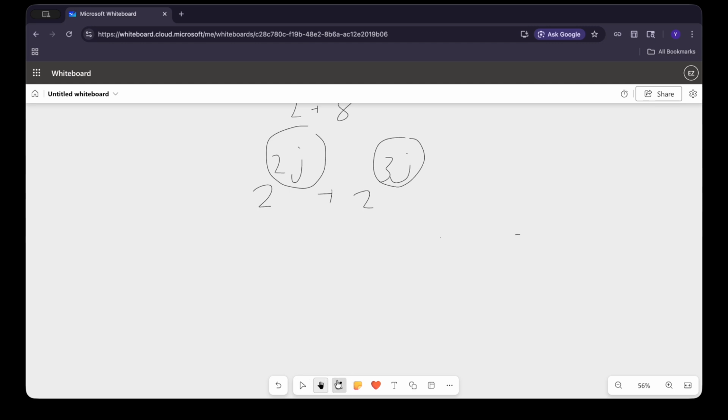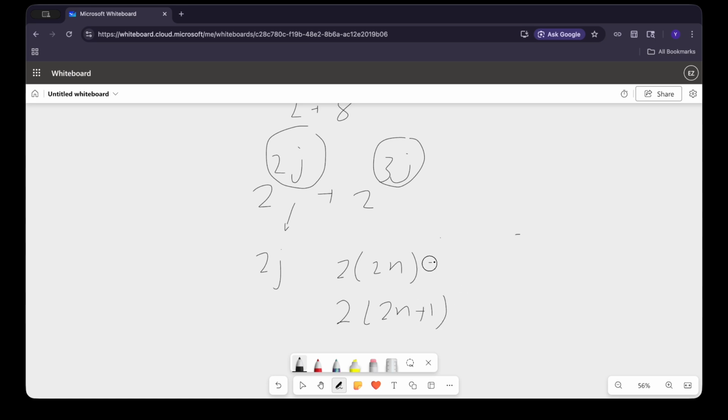So we write the first one, 2j, the exponent part. We observe, trying to find a pattern. So we consider two cases: 2 times 2n for the even, and 2 times (2n plus 1) for the odd.